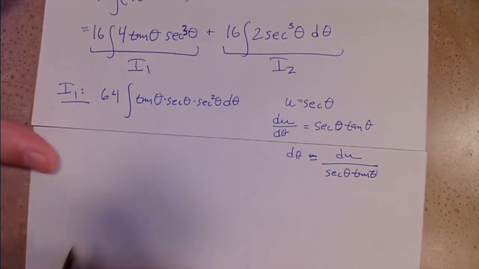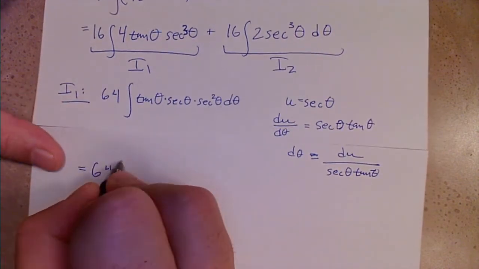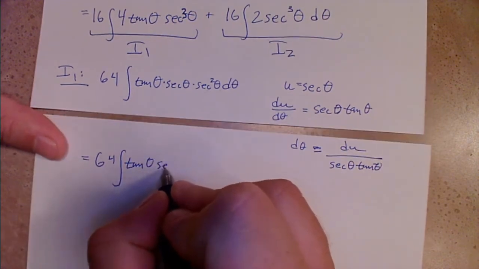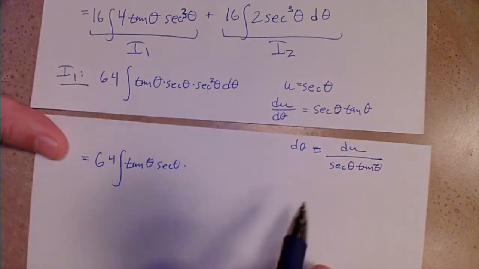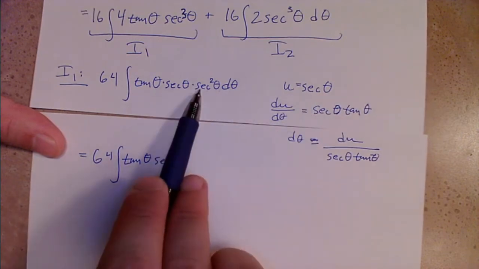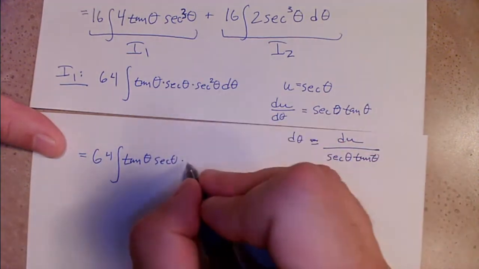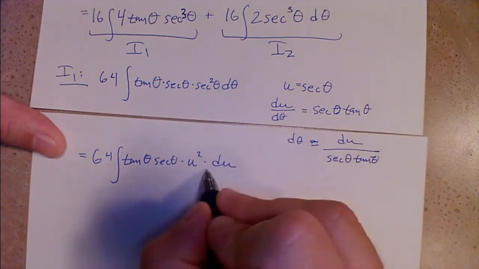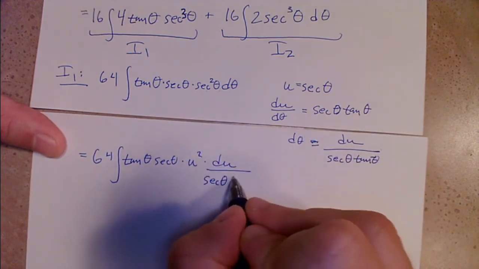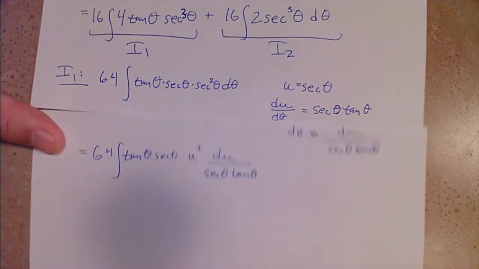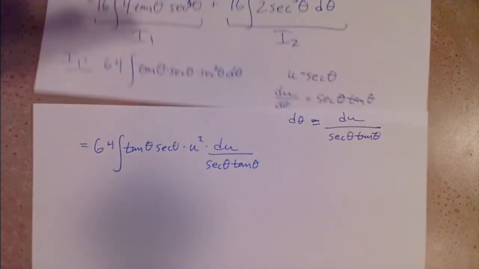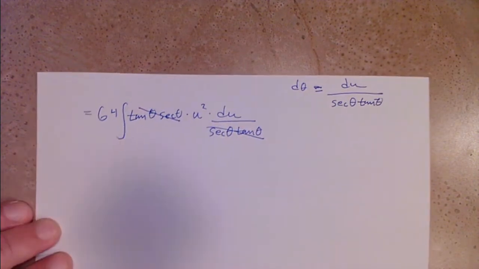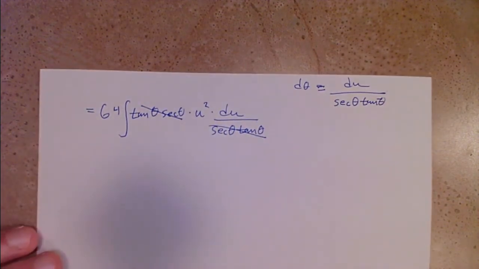So what does this integral turn into? I get 64 times the integral of tangent theta secant theta times, I called this secant right here u, so therefore this is u squared, times d theta, which is du over secant theta tangent theta. And that's the whole point of the u sub. You get that right there.